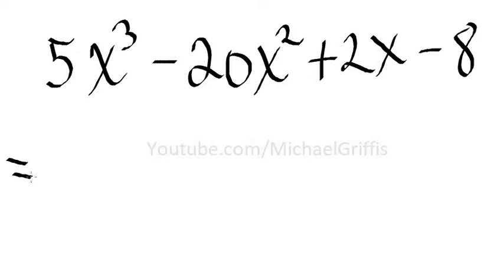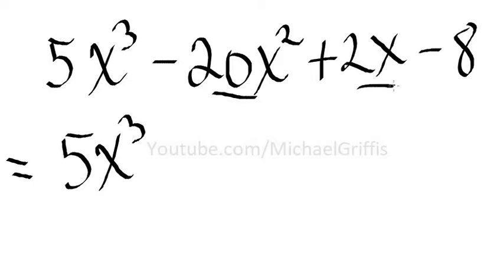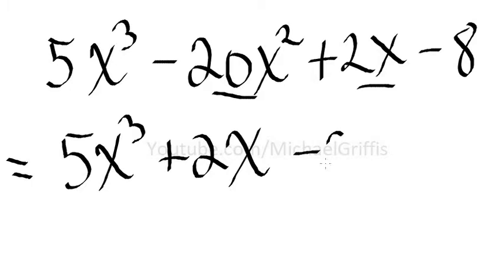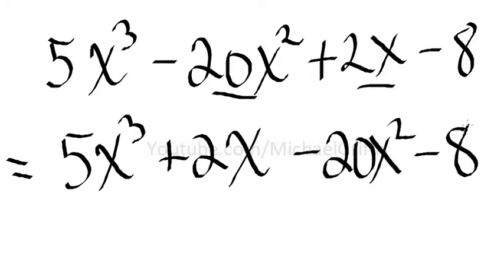All right, let's set an equal sign here. Let's do again some more grouping. Let's rewrite this, 5x cubed. So we intentionally write it like this, the 20x squared here and the 2x here. But if I put a 2x over here on this side, just rearranging, minus 20x squared minus 8.